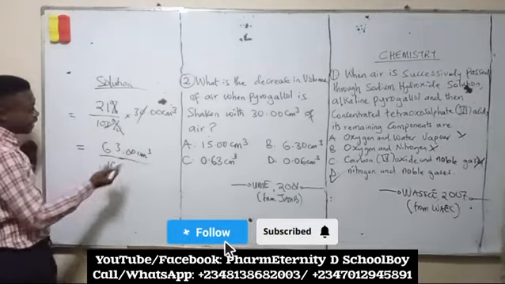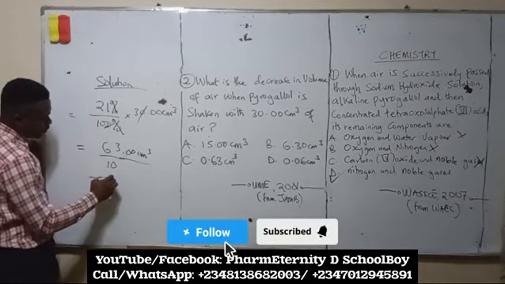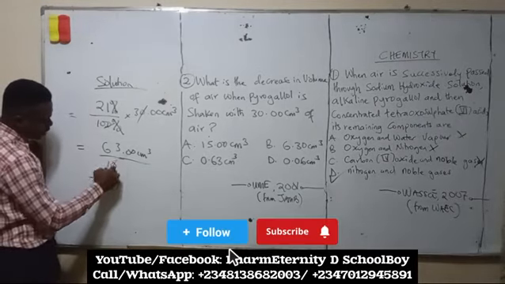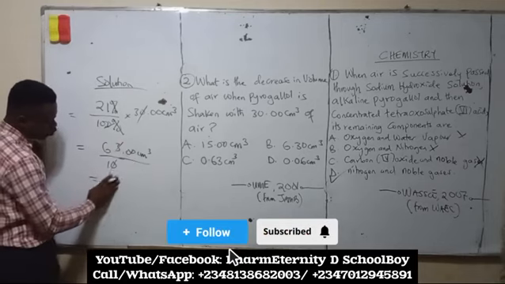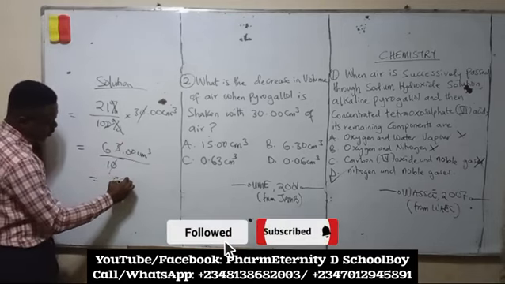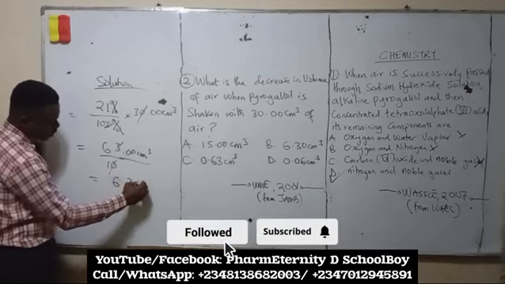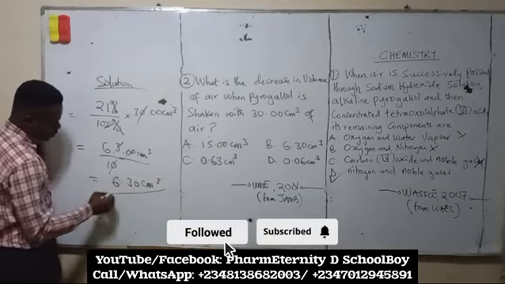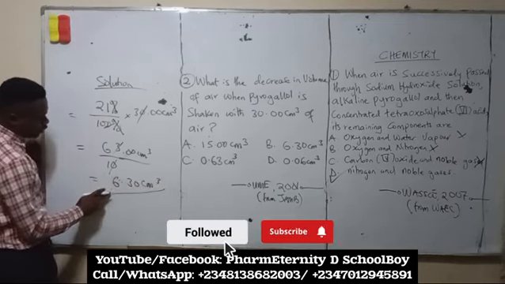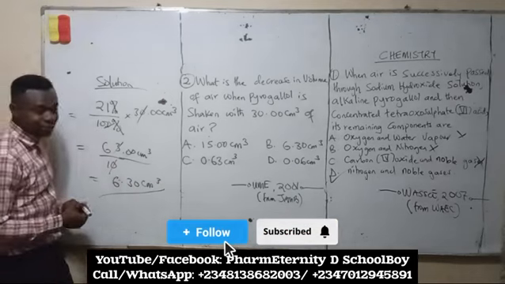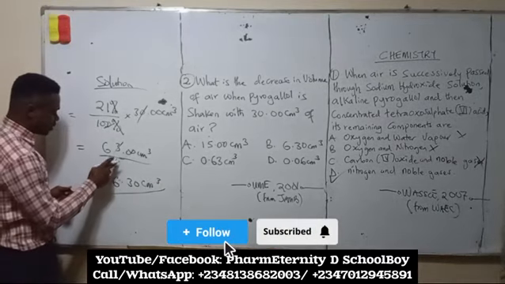If we divide through, we'll have 0. This will cancel this. So we have 6.30 cm3, because 63 divided by 10 is 6.3.